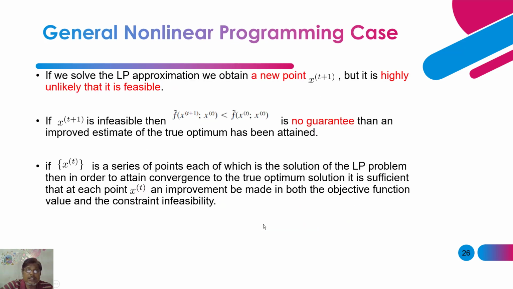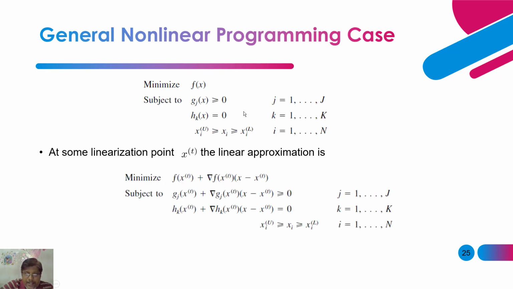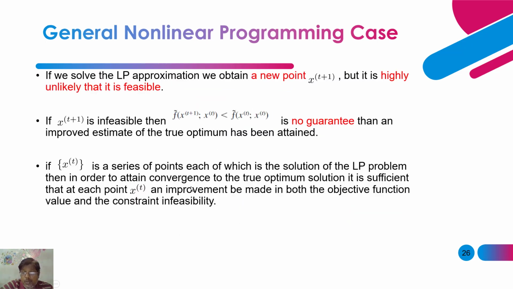Then if we solve the LP approximation, we obtain a new point, but it is highly unlikely that it is a feasible one because the problem is non-linear. If you try to solve these linearized problems, you get a point, x of t plus 1. But in the case of nonlinear programming, it is highly unlikely that this point is in the feasible region.